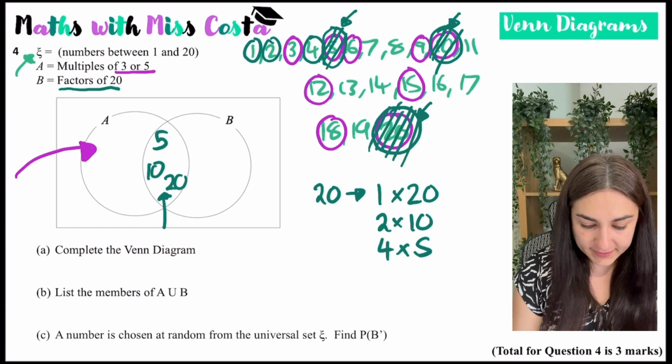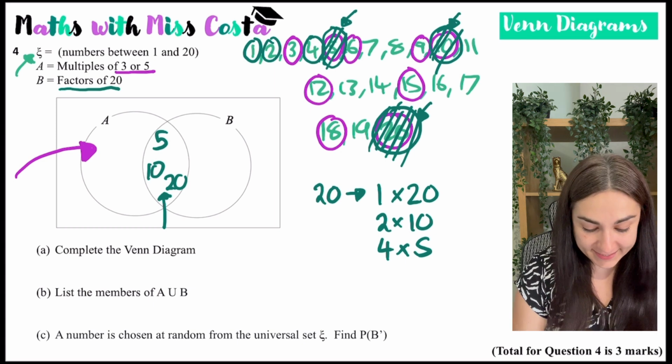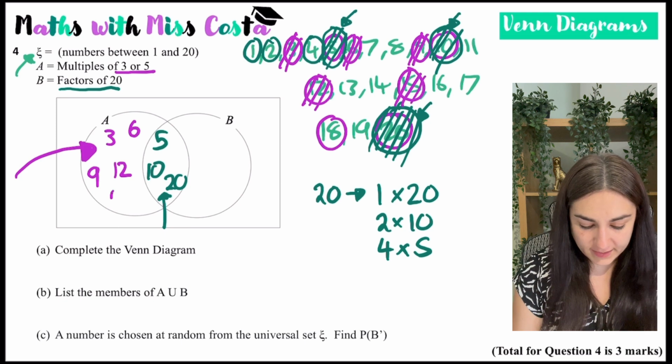Then everything else, all the numbers that are part of A, I've circled them in a different colour so I can conveniently just write them in. That would be 3, 6, 9, and let's cross them out, 3, 6, 9, 12, 15, and 18.